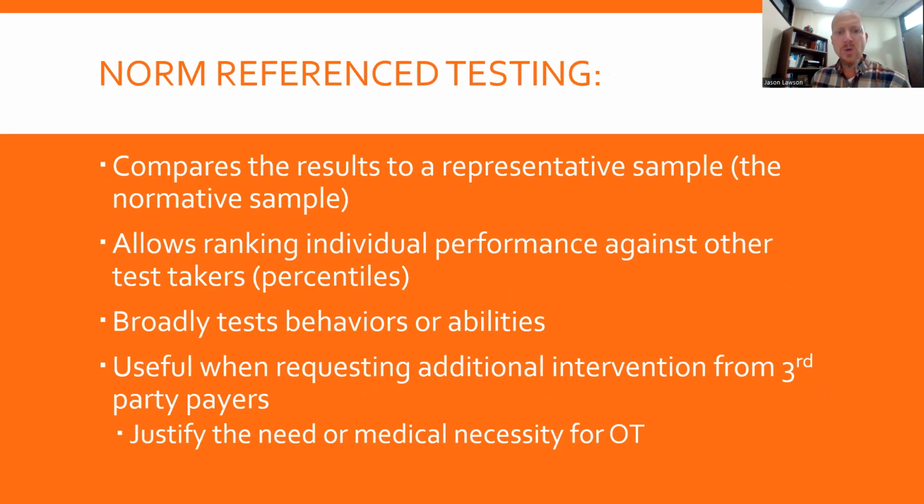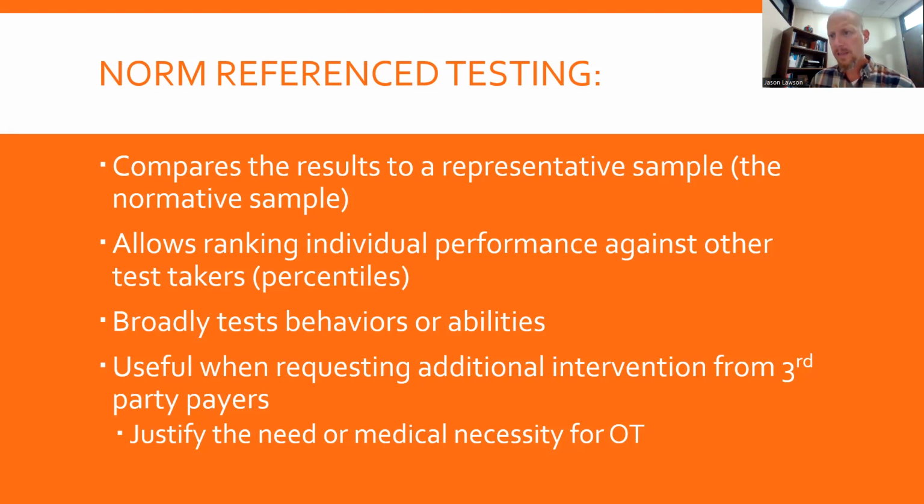So now when we go to norm referenced assessment tools, these are the ones where we're comparing our patient's performance to that normative sample, or that representative sample. So that sampling that was taken of that typical population, okay? With our norm referenced testing scores, we can compare our patient's score or individual score against the other test takers from that normative sample.